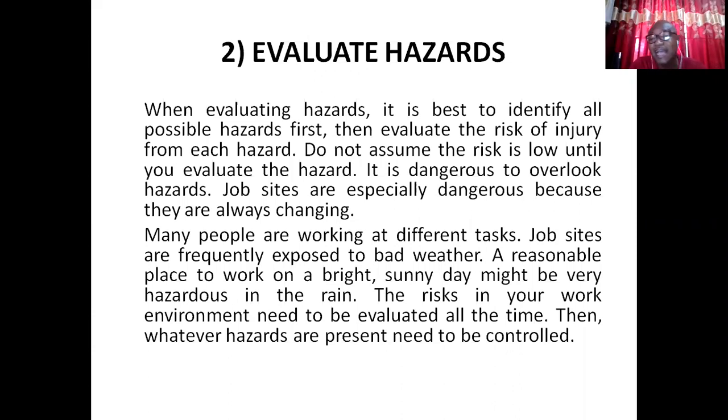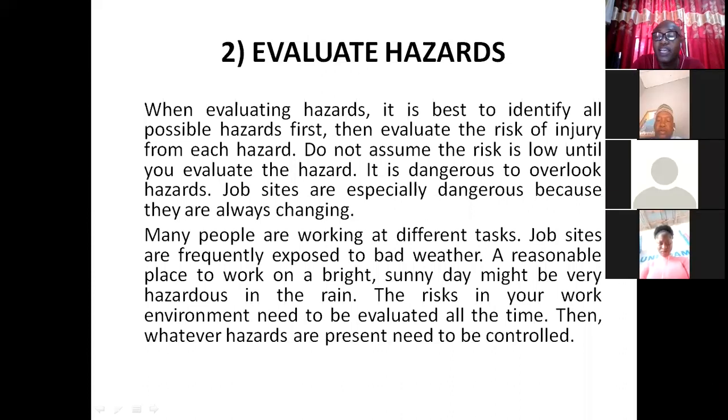Job sites are especially dangerous because they are always changing. If you work in a construction site, or you work in a place where there are a lot of people working together, you can see that when you come today, somebody has put an object here, somebody else has put something there.